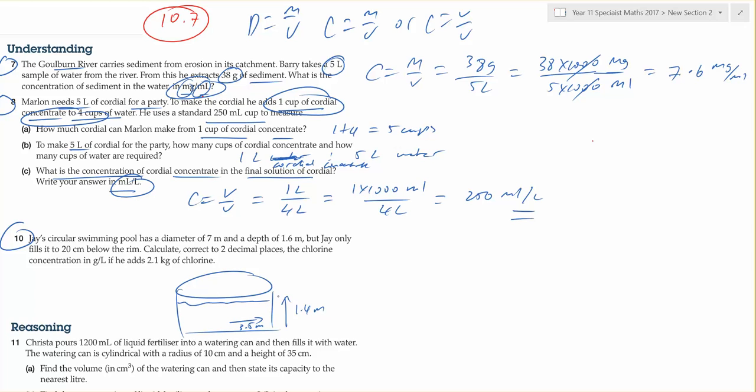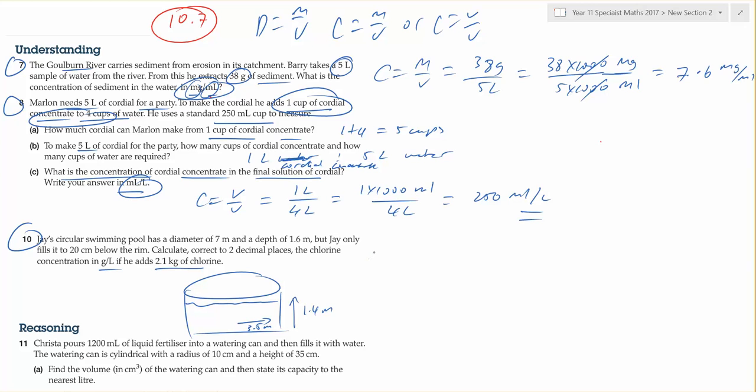Okay. So we're trying to calculate the concentration in grams per litre if he adds 2.1 kilograms of chlorine to the solution. So the concentration is given by mass per volume again. Now, I don't know my volume. I need to calculate the volume of water first. So volume is given by area, because it's a cylinder, area times the height.